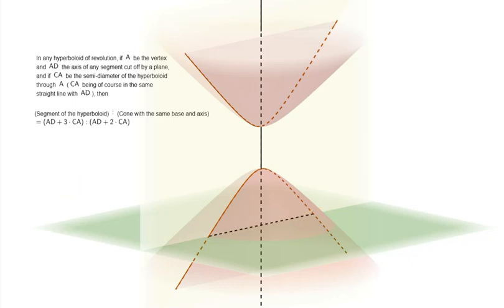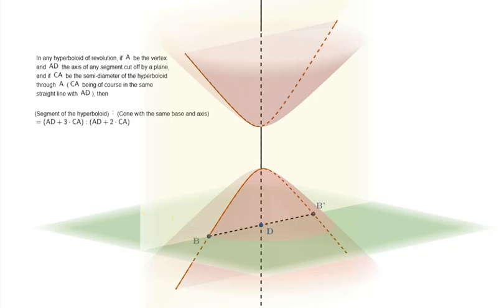Let's call this B and this B prime. Here B and B prime are the points of intersection between the hyperbola and this line of intersection. The axis and this line BB prime intersect each other at D.